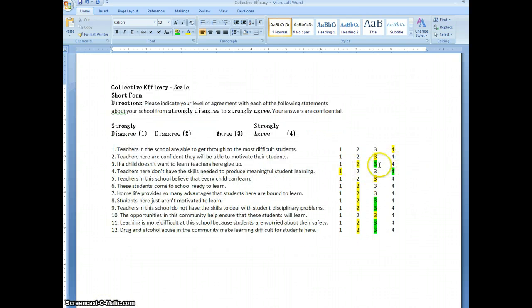We can take all these and add them together and divide by 12 and come up with a number. Remember, we have to reverse order these. In this case, if we were to do that, we would come up with 3. And by 3, I mean I reverse ordered these, added up all these numbers, and divided by 12.